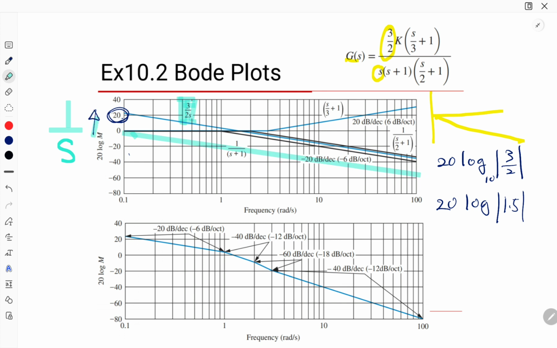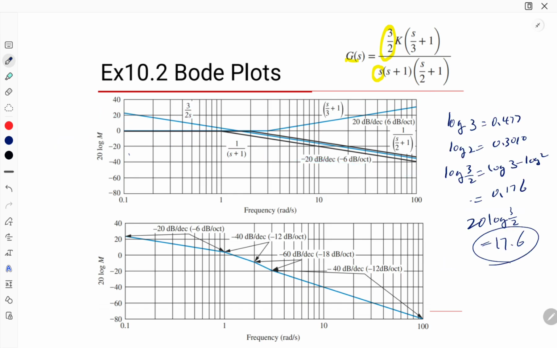But it's been shifted up by how much? Where is it starting? That's starting at 3 over 2. That's why this is a combination of this 1 over S term and where it's starting, 3 over 2 in terms of the absolute value. So 20 log 1.5 is 20 times 0.176. So let's look at it.